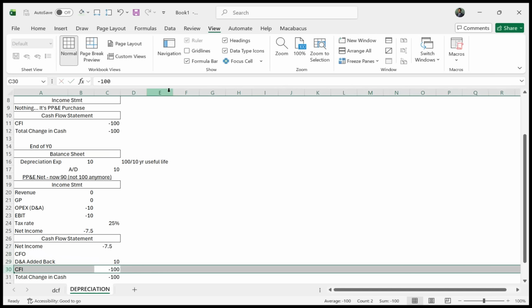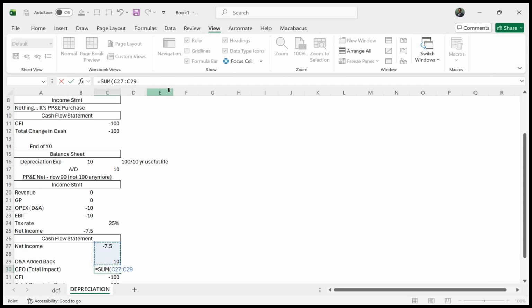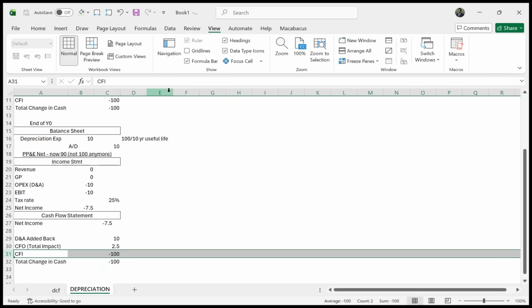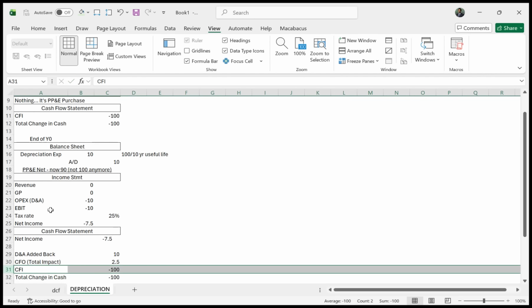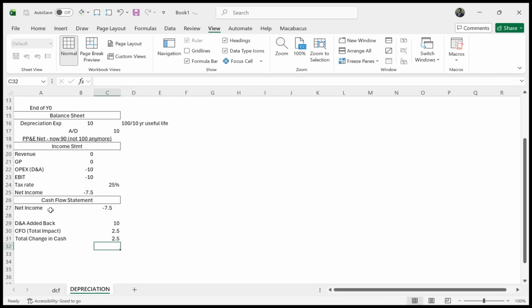So your CFO is the sum of these two. Your cash flow from operating is actually up by 2.5. No impact to CFI at this time, because the CFI impact comes if you buy equipment, but here we're just doing the depreciation. So what's your total change in cash? It's this. Your cash is actually up 2.5.